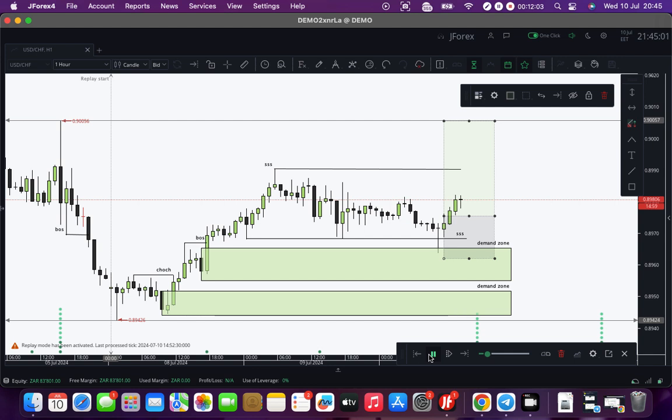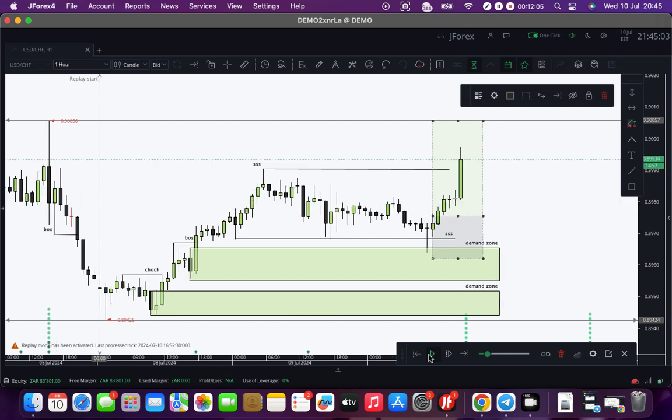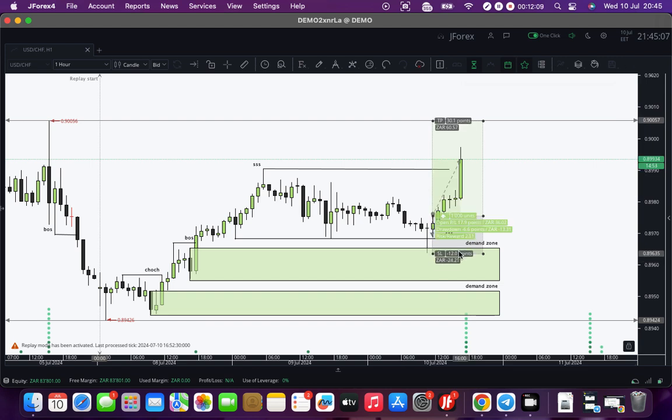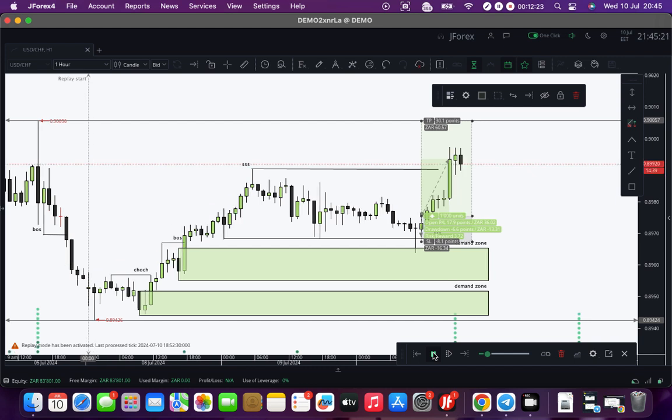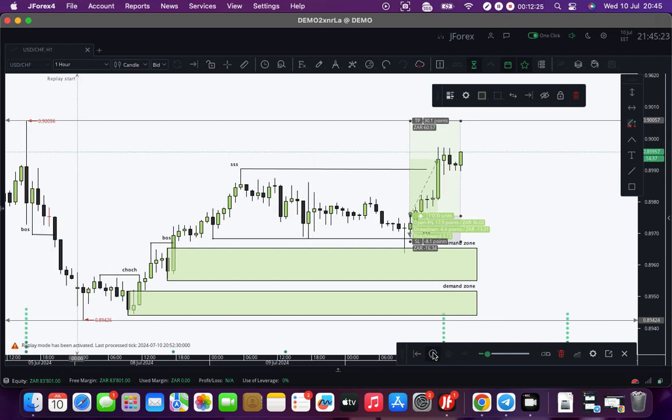As you can see, the market continued pushing to the upside, and once it gets there, that's where you can definitely hold a risk-free trade by moving your stop loss into break even. And then just like that, TP1 was hit, you broke even.